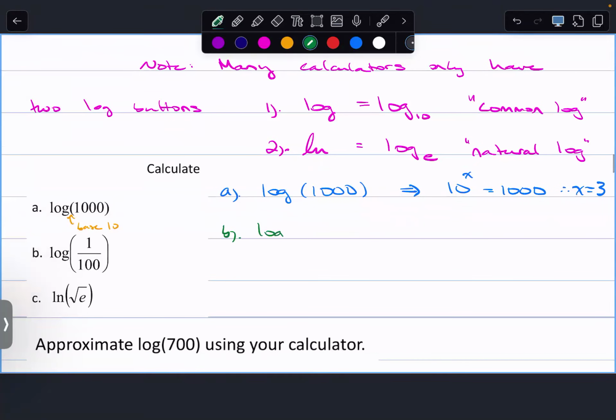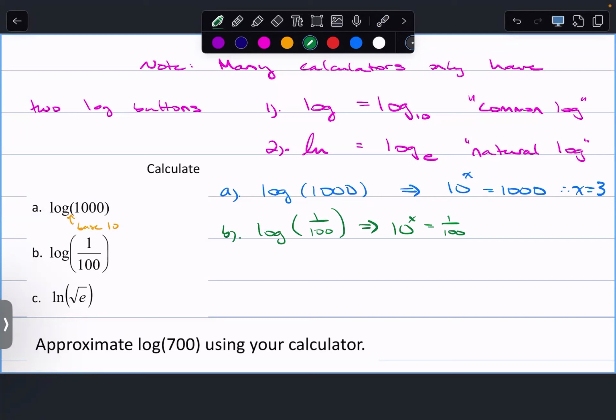What if we have the log of 1 over 100? We rewrite this as an exponential function. I have this implied base 10, so 10 to the power of something equals 1 over 100. 10 to the power of x is 1 over 100.